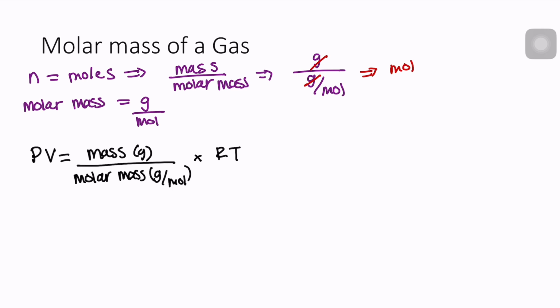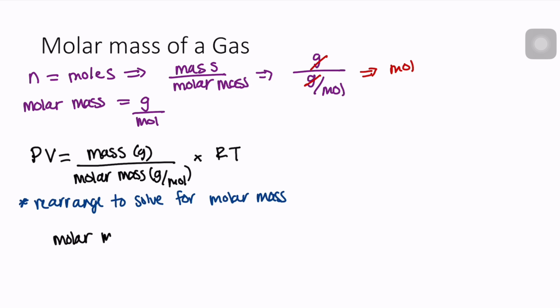We can rearrange this to solve for the molar mass. And when we do that, our molar mass is going to be equal to the mass times RT over PV.